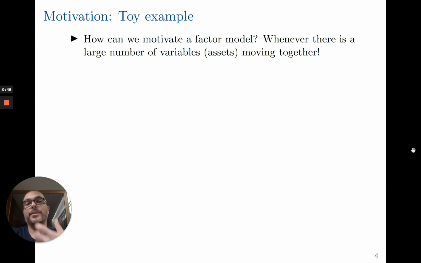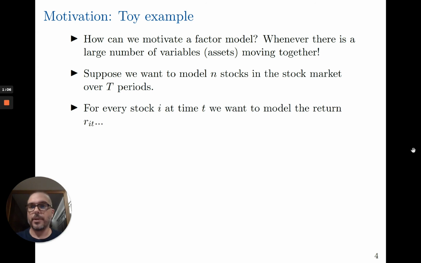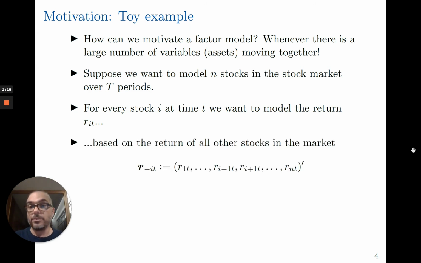So basically we can say that a factor will be present whenever there is a large number of variables moving together. We can consider different assets, for instance, and look at asset returns. Suppose that we want to model n stocks in the stock market over t periods. And for every stock i at time t, we want to model the return, R_it, based on the return of all other stocks in the market.